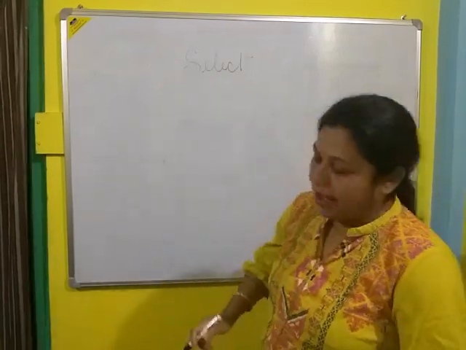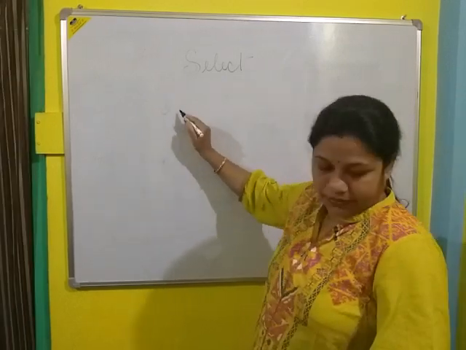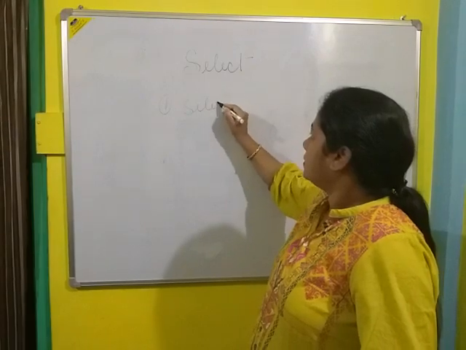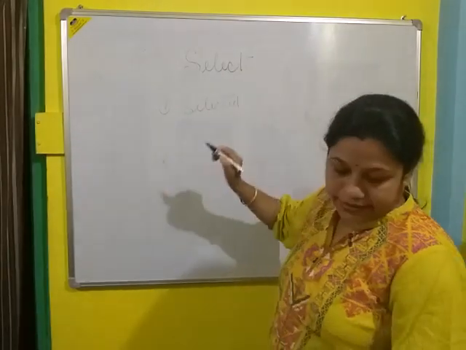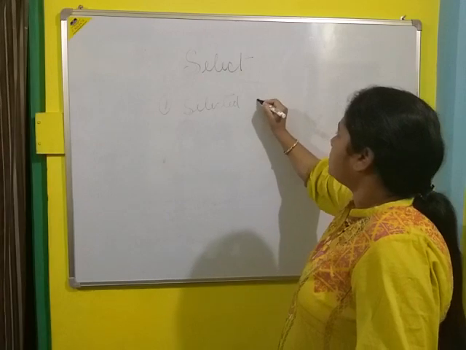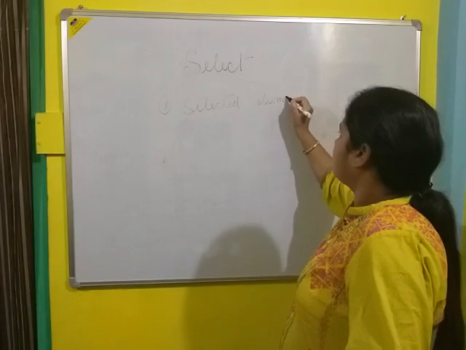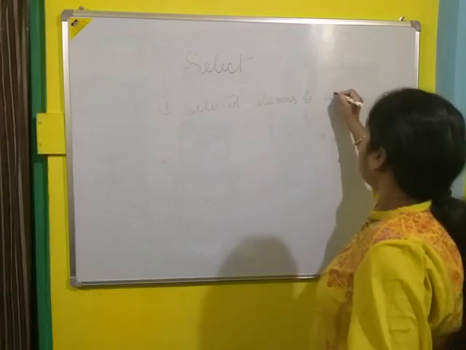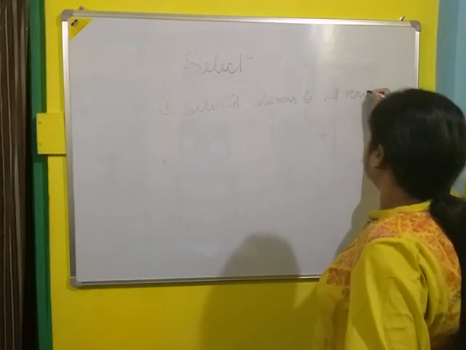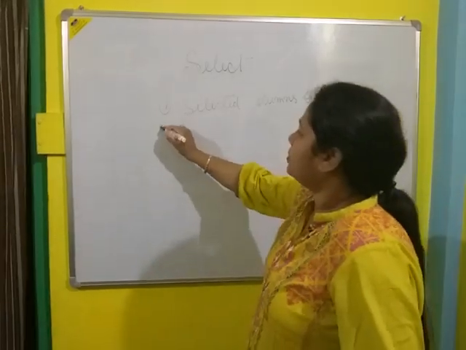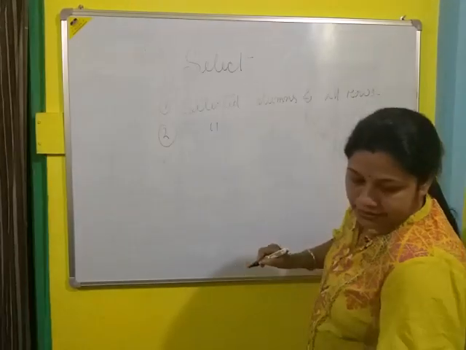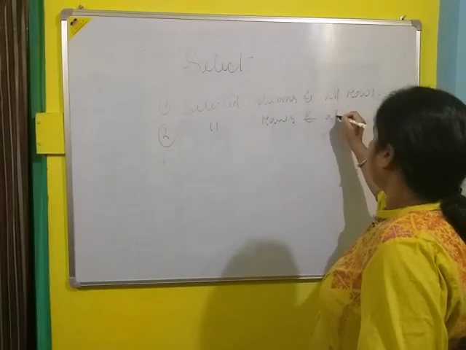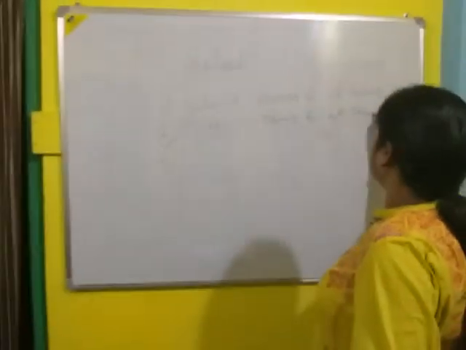They are: number one, selected columns and all rows. Number two, selected rows and all columns.